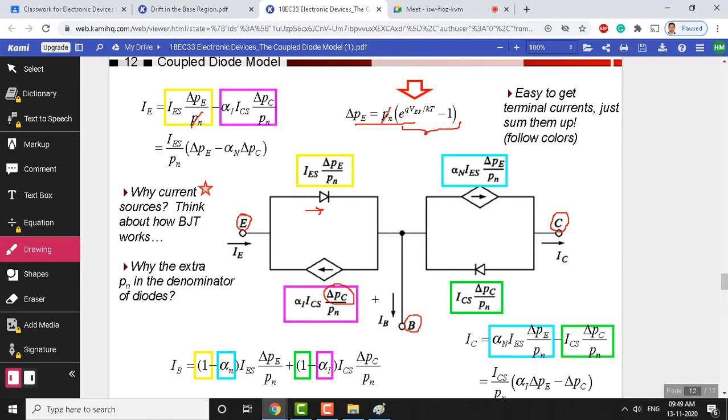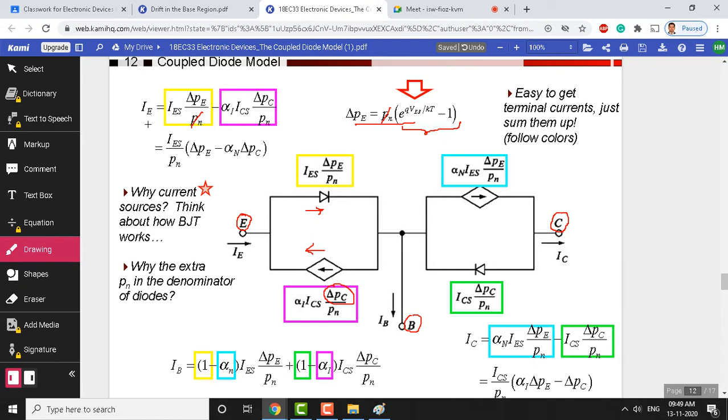So, as per the definition we write this current source here, and why is it coming into the emitter? Because of this negative sign: one current, which is the injection current, is leaving the emitter, and the other current is entering the emitter in the inverted mode. When the emitter is doing the collection job, the current enters from the other terminal. So, according to this equation, the first term indicates a diode which is injecting the charge carriers, and the second term is nothing but a current source in inverted mode.